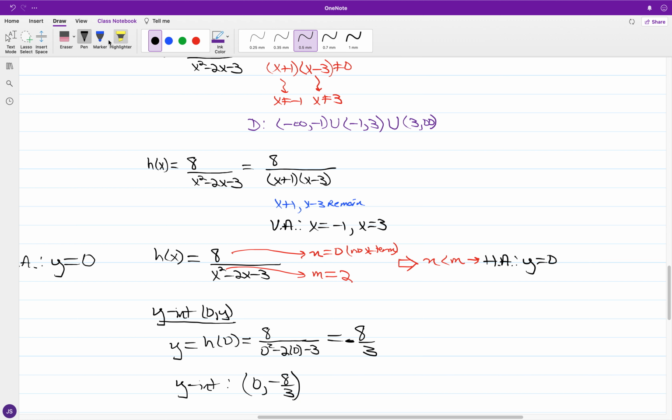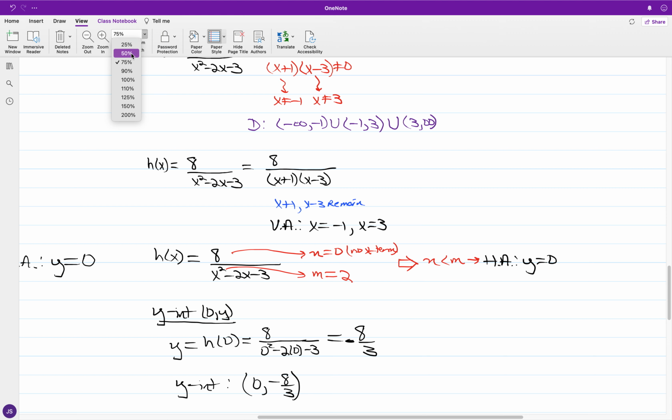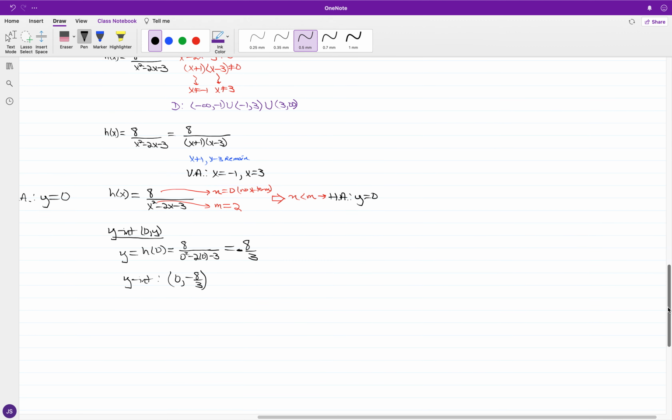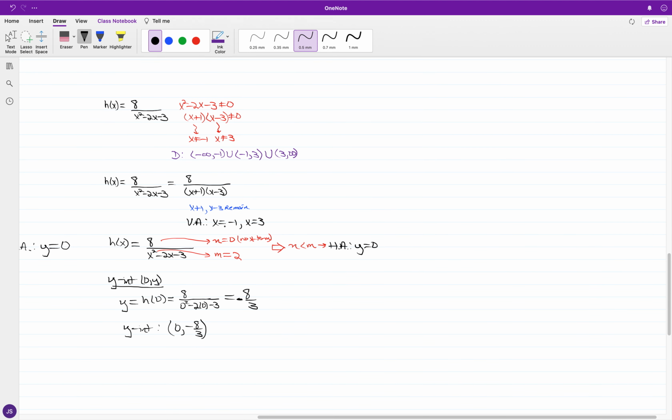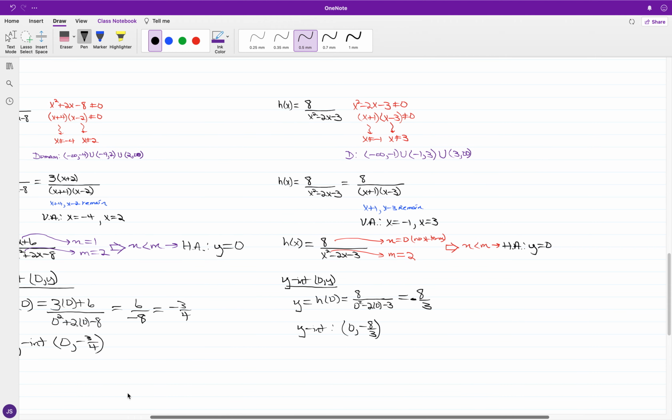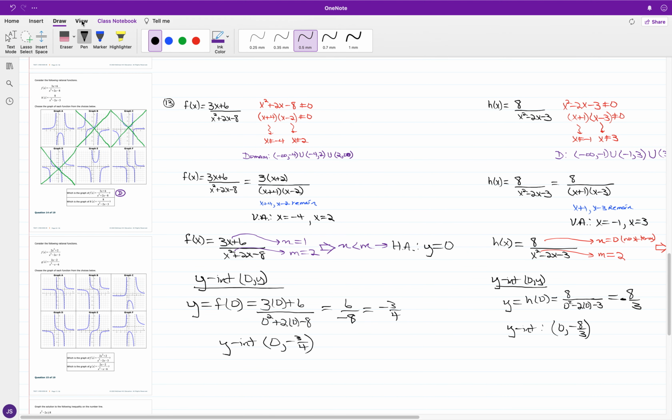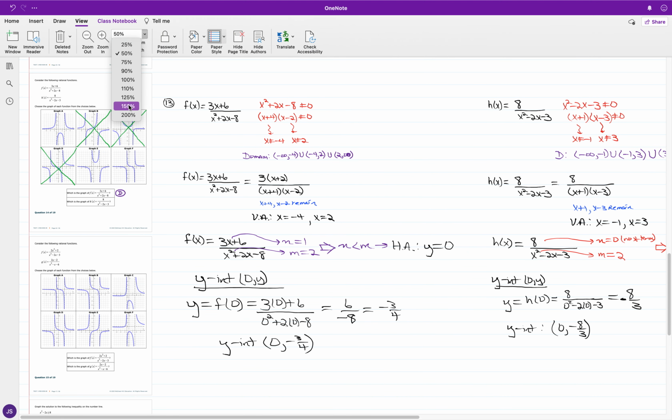So we have the y-intercept at 0 and negative 8/3. Okay, so again, we have two vertical asymptotes, one horizontal asymptote, and the y-intercept at 0, negative 8/3. And to see how all of this is going to play out.